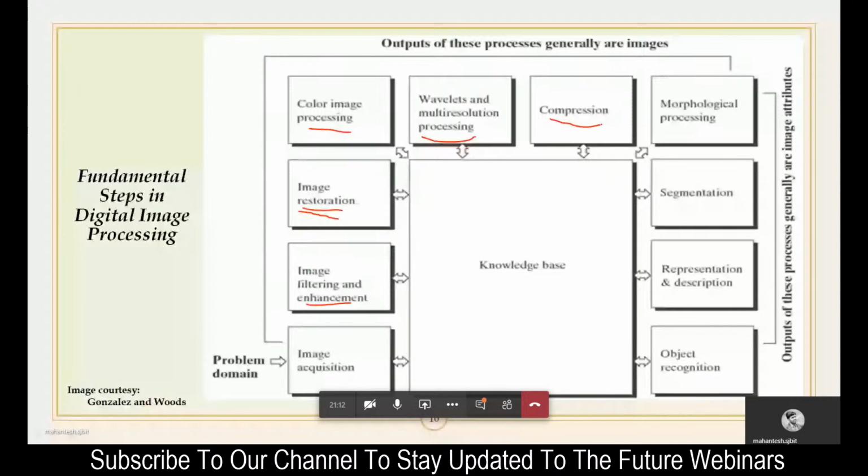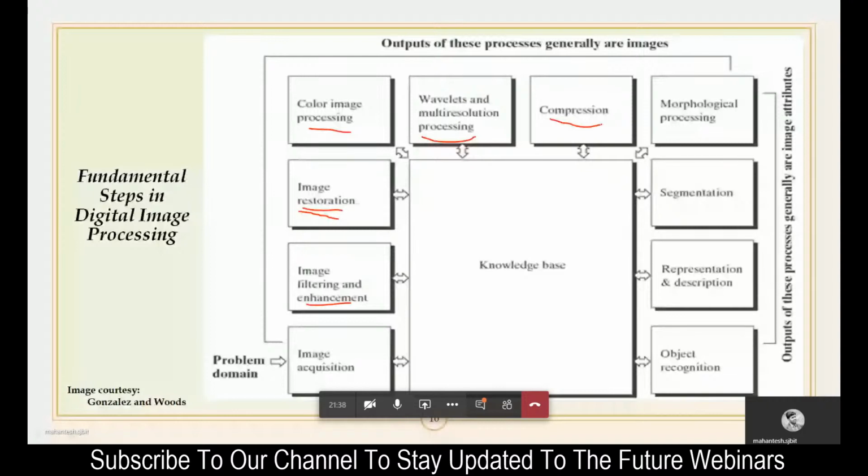It's starting from image acquisition and going till morphological image processing. The input is an image and the output of these processors is generally an image. Input and output are both images. Whereas coming to segmentation, segmentation is partitioning an image into discrete, meaningful regions.